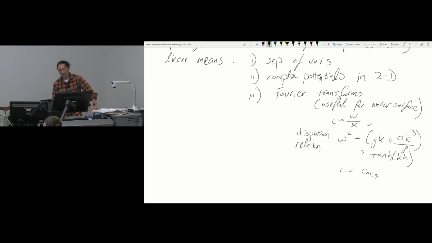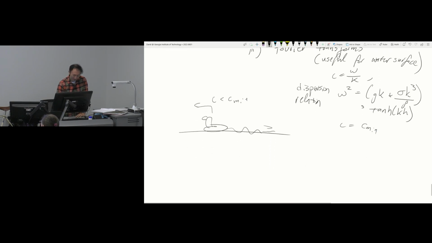So physically what's going on, if you're a duck, you can basically travel at c less than c min really easily. And you're going to send these waves going backward. But if you basically are a duck and you want to go at c greater than c min, you have this thing called a bow wave that shows up in front of you.